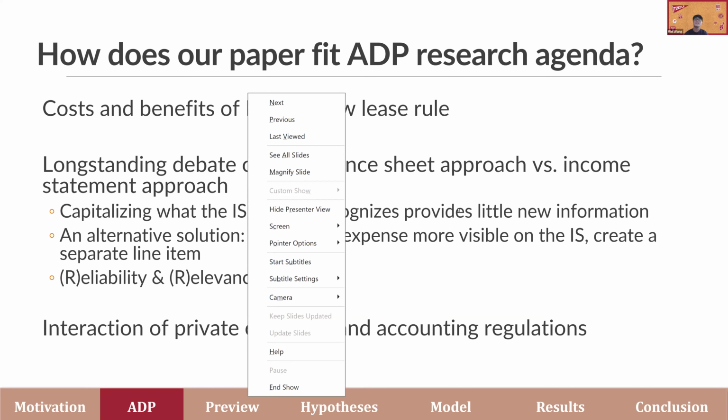They're using lease expense a lot more pervasively than capitalized operating leases, even after ASC 842 was adopted. Now, to the extent that there's little incremental information, it seems like if you were to bring that expense onto the income statement, it might serve the same purpose as what FASB intended.